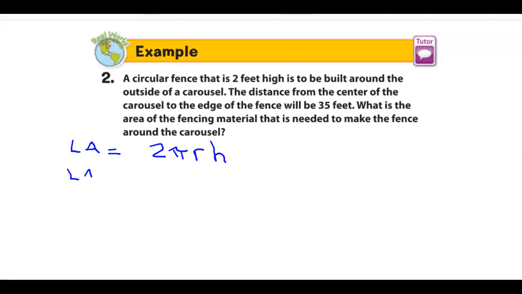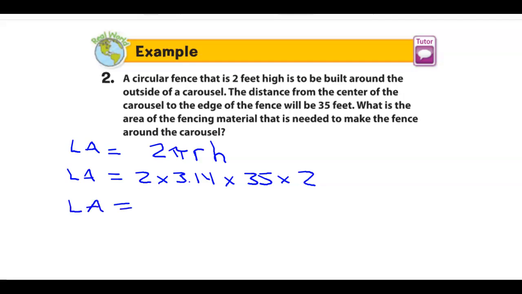So the lateral area is going to be 2 times 3.14 times the radius, which is 35, and then times the height of this fence, which is just 2. So we're going to multiply straight across then.